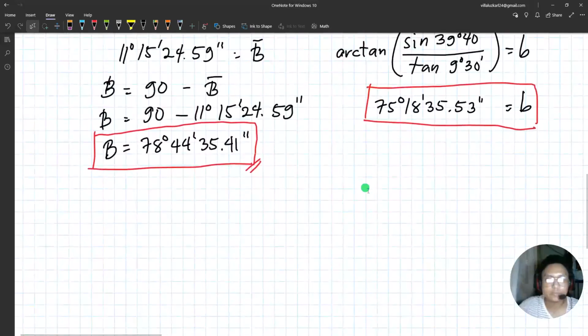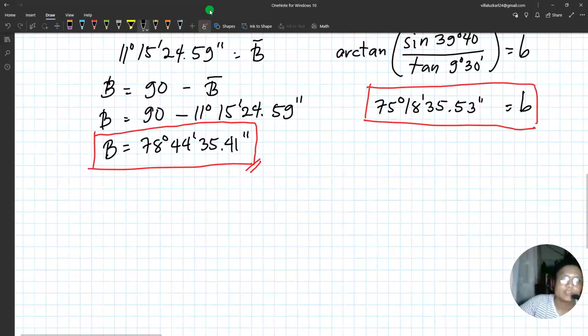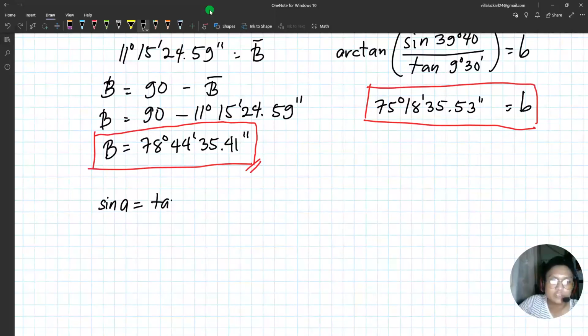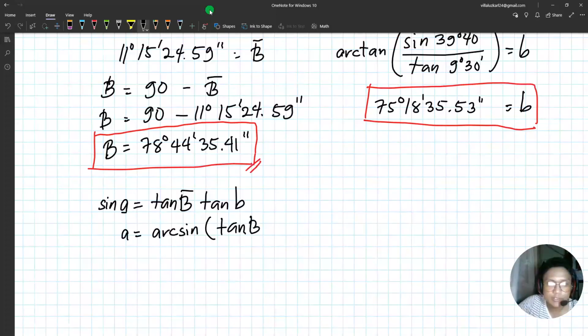Let's write the solution for the sine tad rule again. The sine of the middle part, which is A, equals the product of the tangents of the adjacent parts, bar B and tangent B. Required is side A. So arcsine of tangent bar B and tangent B. That's the value for your angle.